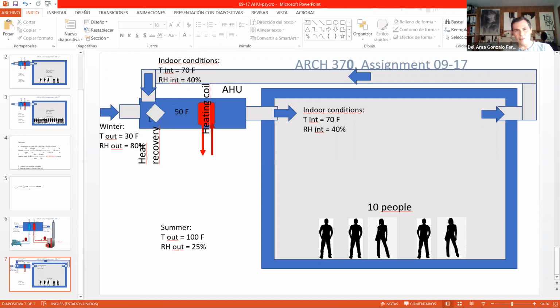By mixing this air at 70 Fahrenheit with this air at 30 Fahrenheit, it would be something in the middle. It depends on this flow and on the efficiency of the heat recovery.